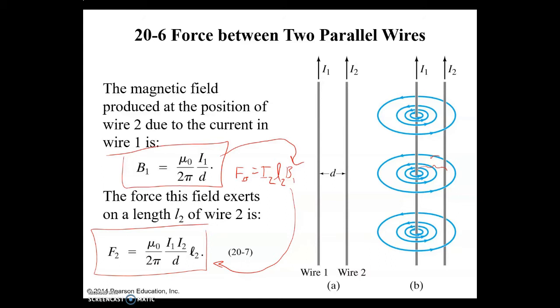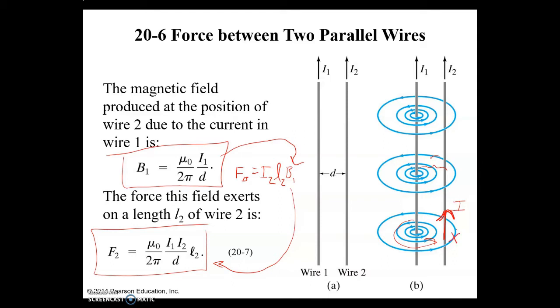Well, what direction is that magnetic force? We just found the equation to find the magnitude, but how do we find the direction? Well, remember the right-hand rule. Take your right-hand fingers, point them in the direction of your current, which in this case is up, and your magnetic field, which is going counterclockwise here.